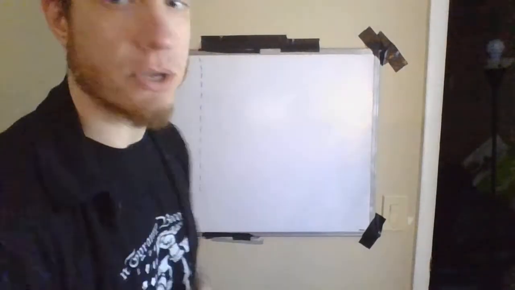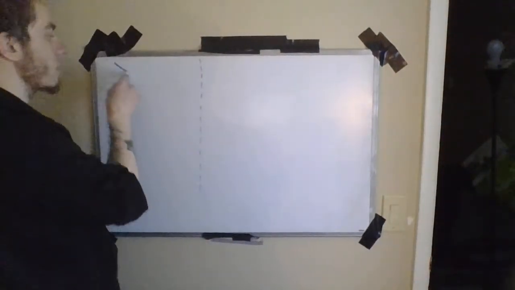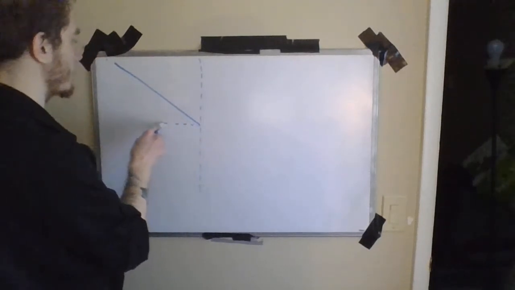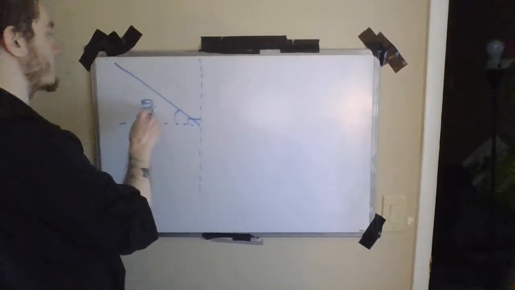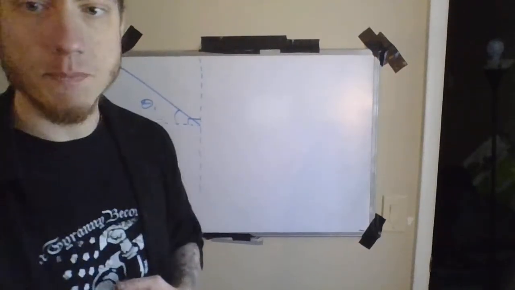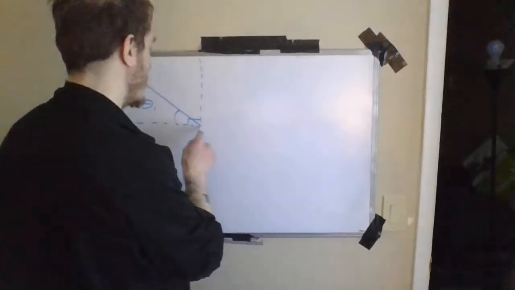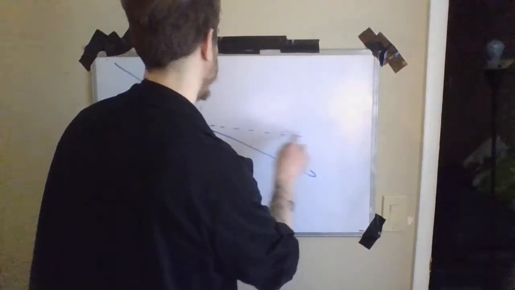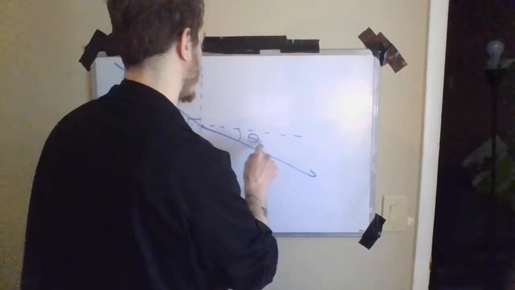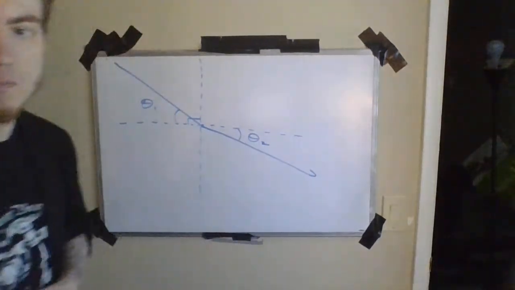The light comes in here like this, and this is a right angle. This angle here is going to be theta 1. And it turns out that when the material changes, the angle is going to change as well. So this is our theta 2.